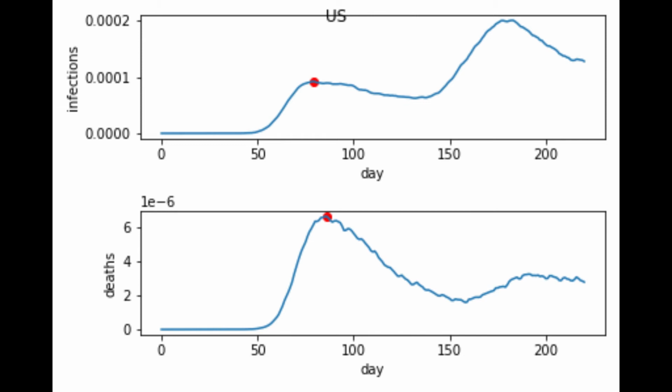The idea why I did this was that my original thought was that you have people that get sick, and a certain amount of those who get sick will recover, and a certain amount will die. So I would expect that the death curve should be a translated version of the infection curve.